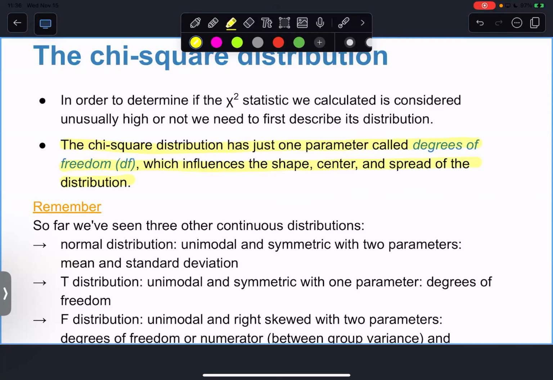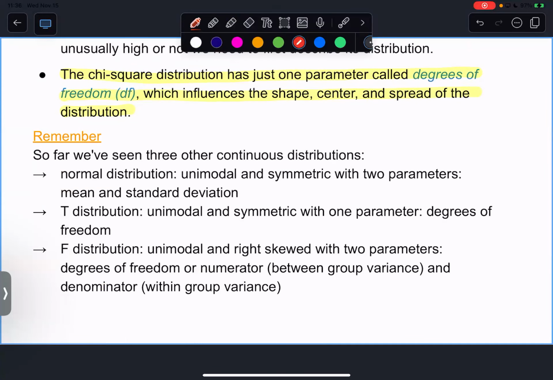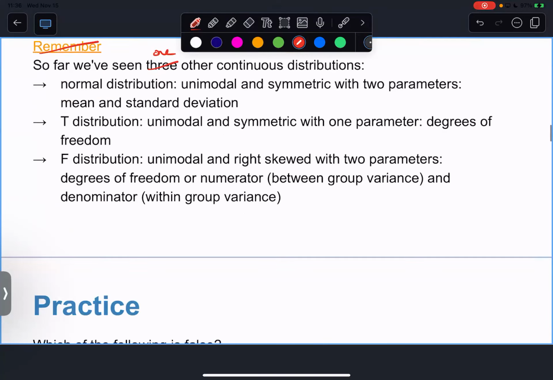Now, so far we've seen one other continuous distribution, which is the normal distribution.